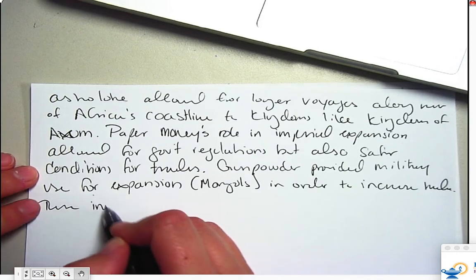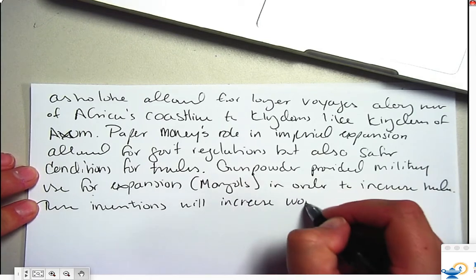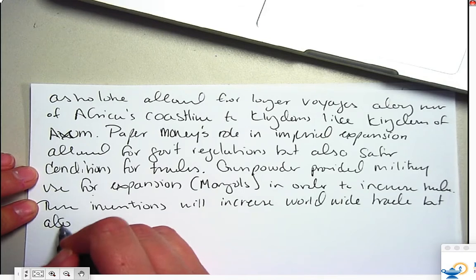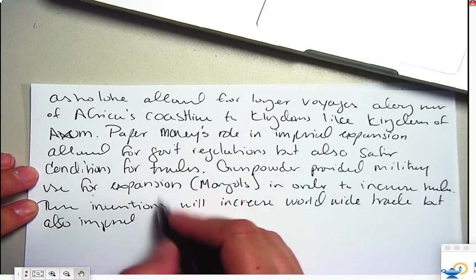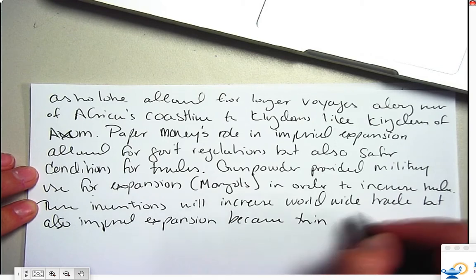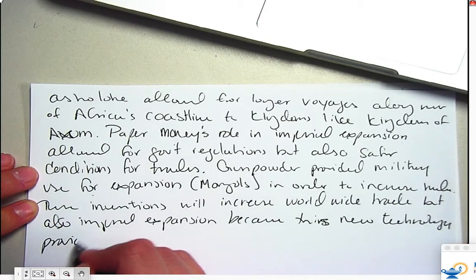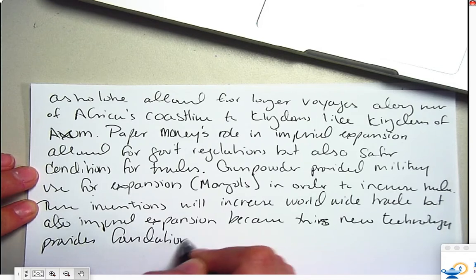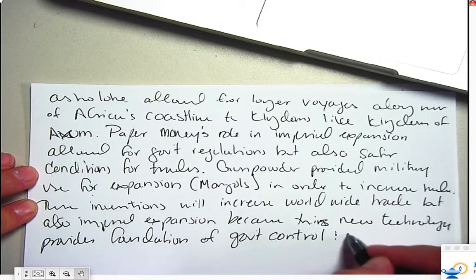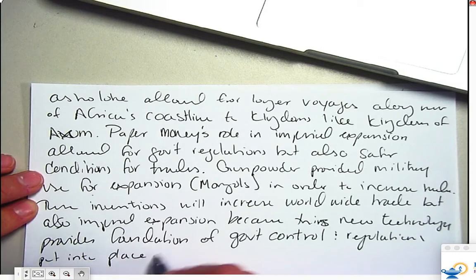These inventions will increase worldwide trade, but also imperial expansion, because this new technology provides foundation, government control, and regulations put into place to maintain it.